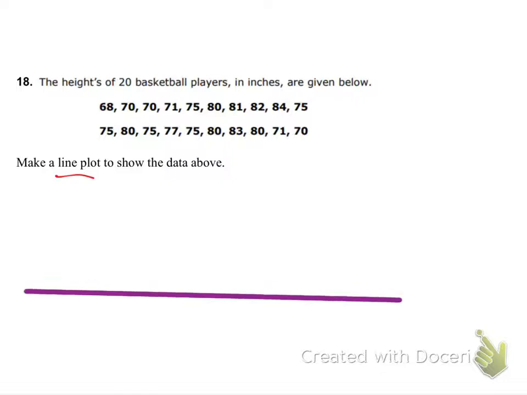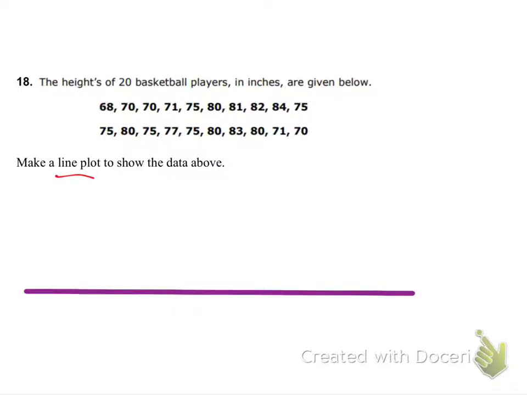So I'm going to make a line here, and then I see my biggest number. It looks like it's going to be 84, but let's see here. So my biggest number is going to be 84. My smallest number is going to be 68. Yeah, 68. So I would start with 68 and go from 68 to 84.